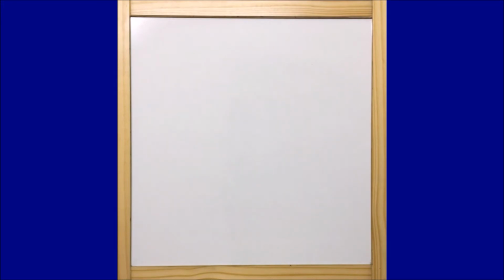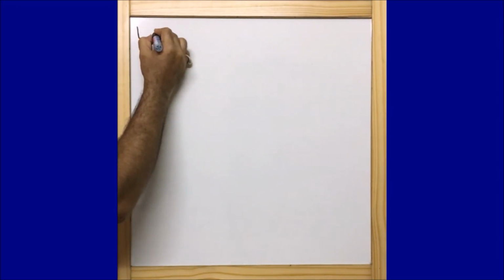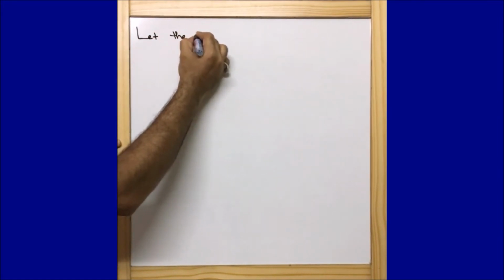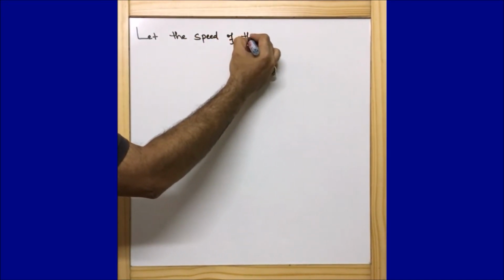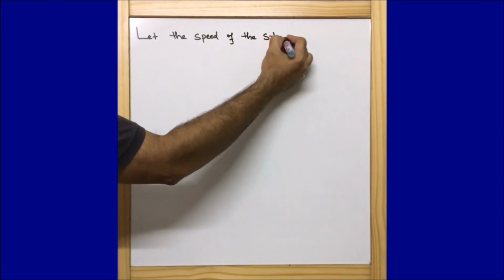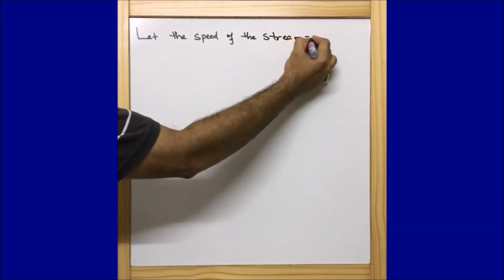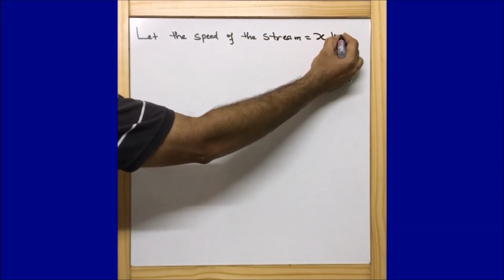Now let us see. The given question is asking us to find the speed of the stream. Let the speed of the stream be x km per hour.